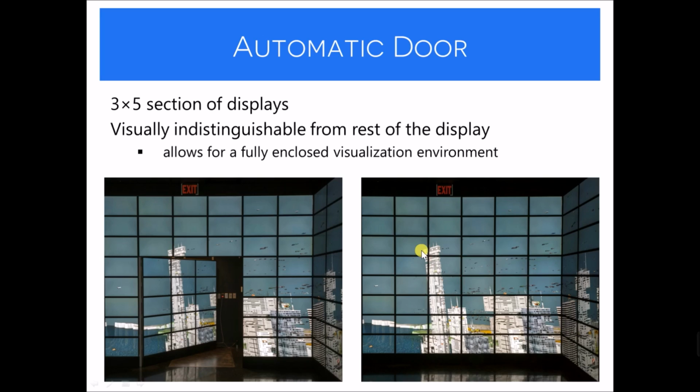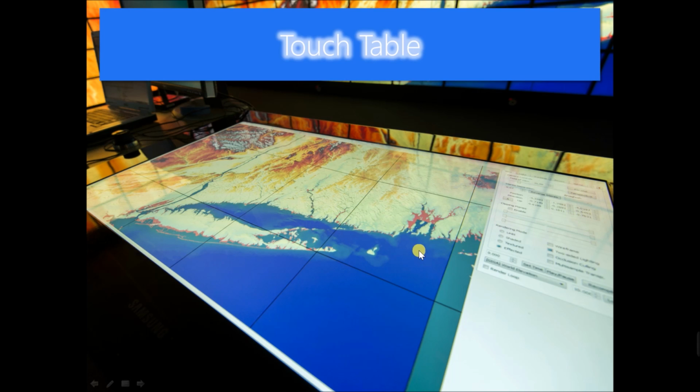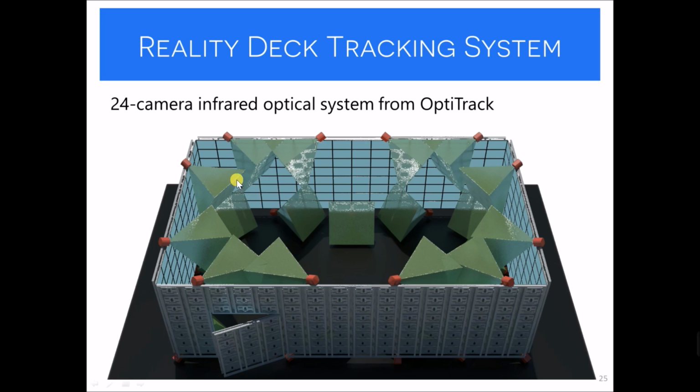So you're really fully enclosed in this, and there we even have a touch table in the middle, where you can actually touch it and steer the display. Then we have a camera system that can track you, so the imagery can change from where you are. We have this wraparound display that you walk.